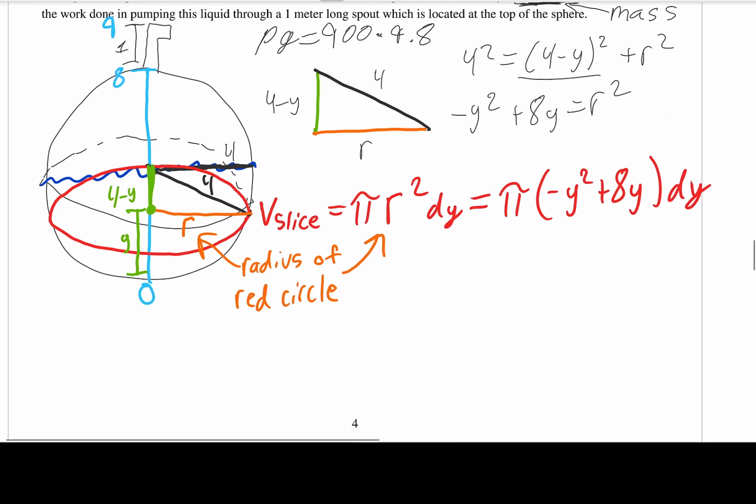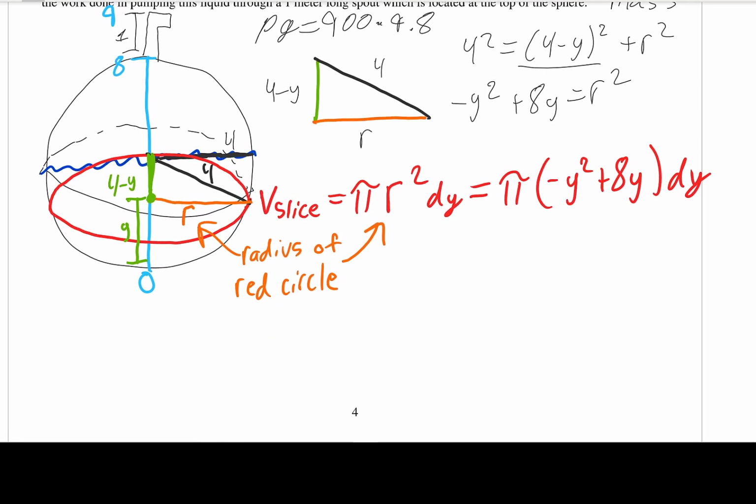Alright, so now let's go ahead and work on making our work formula. Pun intended. So this is going to be the integral from a to b. A to b is the interval where our water is lying. So our water is lying from 0 to 4.